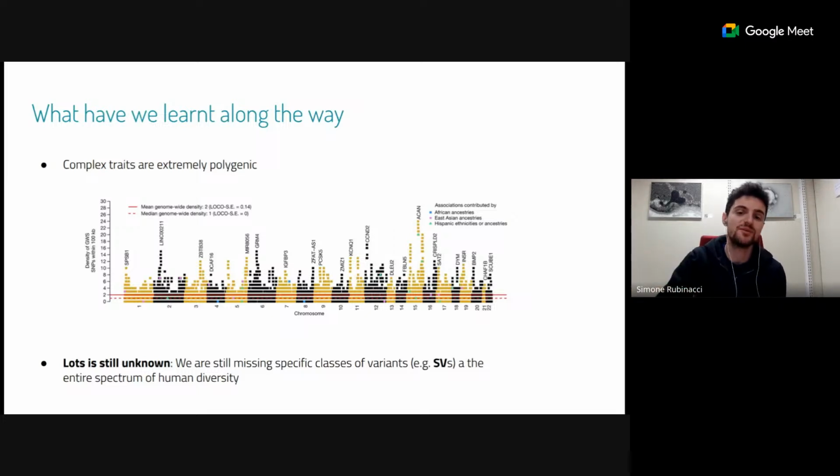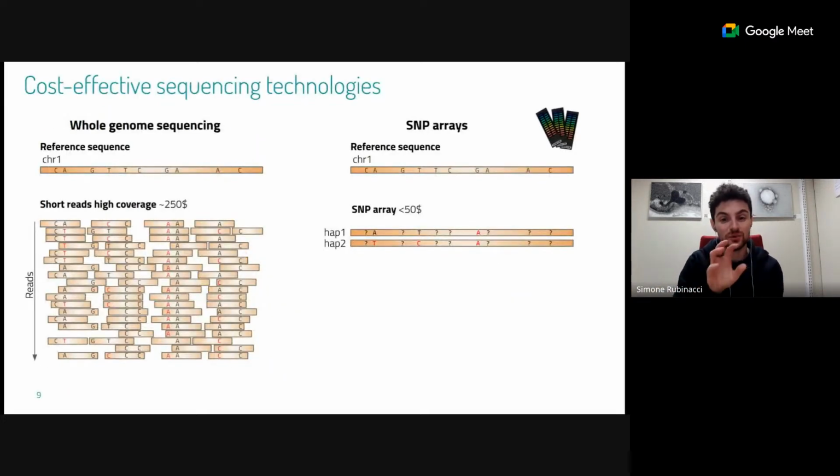Also, as our focus is on biobank data, the focus of this talk is on cost-effective genotyping technologies. We are all familiar with high coverage whole genome sequencing that provides a view of an individual genome by sequencing the entire DNA at high depth several times, for example, at 30x.